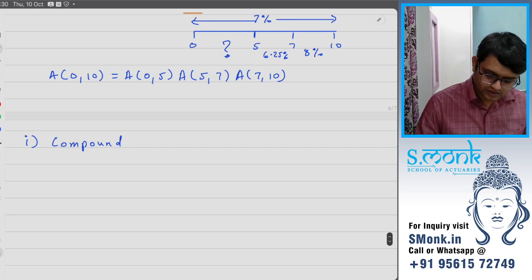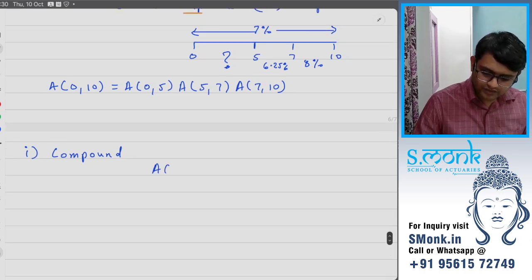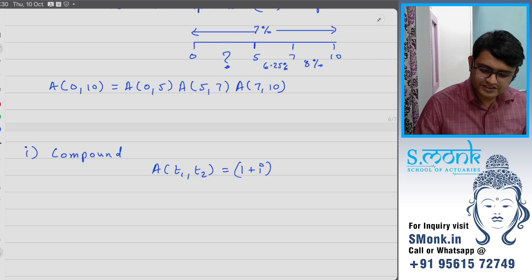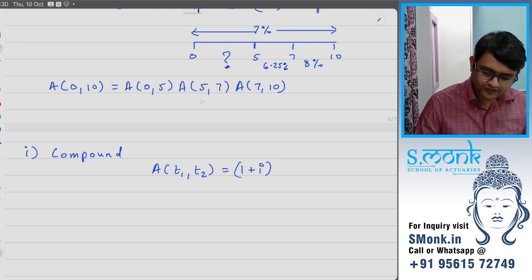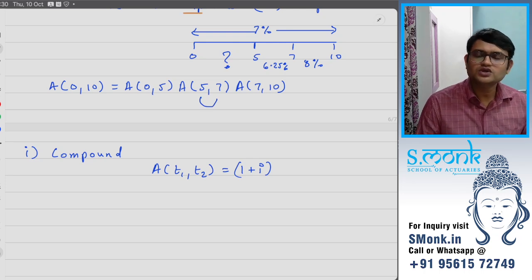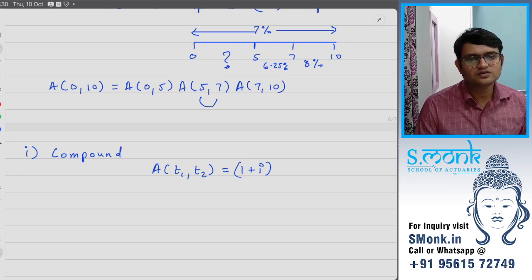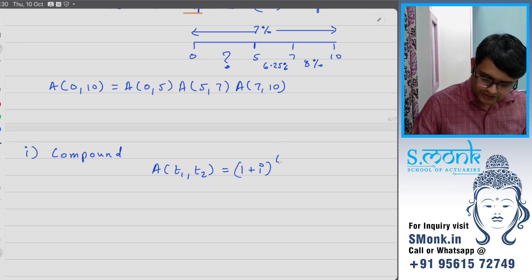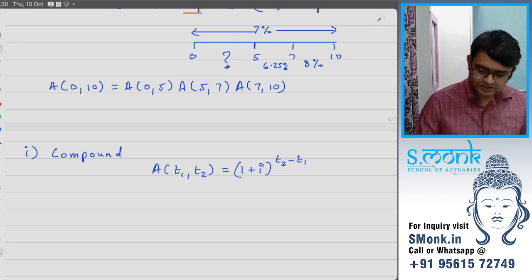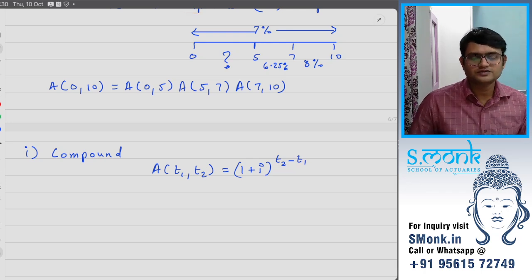So if my rates of interest were compound, then the accumulation factor between any two times, let's say T1 to T2, will be 1 plus I raised to the difference in time. If I'm going from 0 to 10, it is 10 years. But if I'm going from 5 to 7, it is 2 years, because the time in between is just 2 years. So it is T2 minus T1. This is how we will write our accumulation factor.